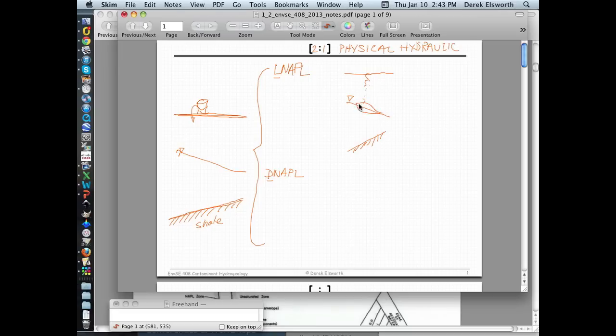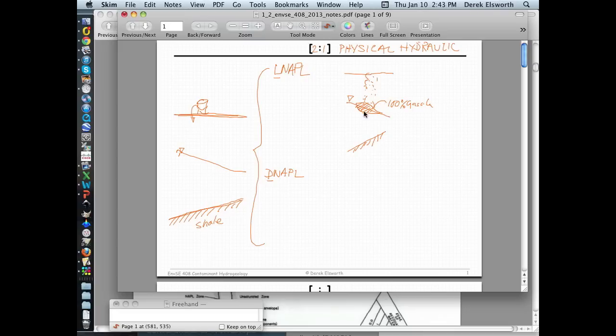It will slightly depress the groundwater table. And this will be basically 100% gasoline. Up here will be a column of smear that it's gone down through, that's left some of its tracks as it's gone across here.